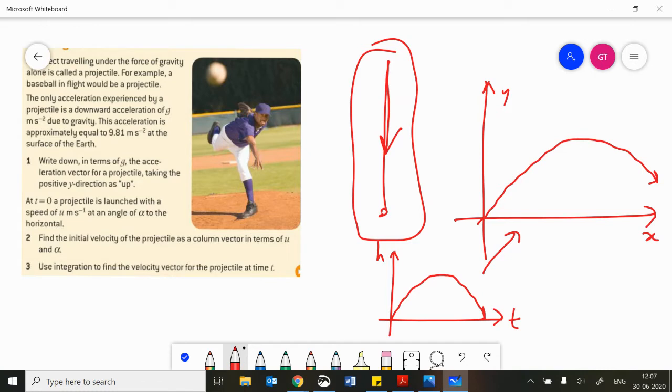Now, you could actually put that on here. You could say this would be our S, our displacement at 0. Maybe this is our displacement at 1 second. This is our displacement at 2 seconds, and so on. So you could potentially put on the timings for this one by putting on crosses, for example.